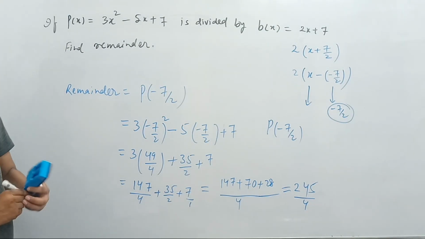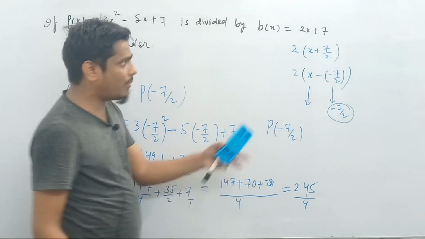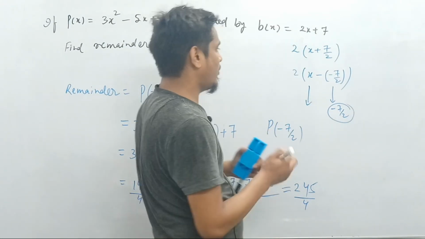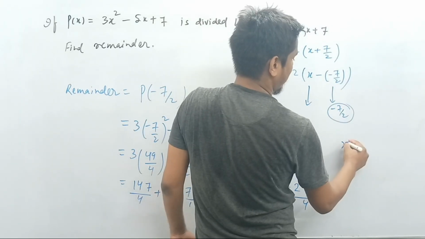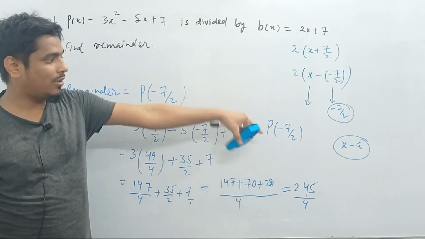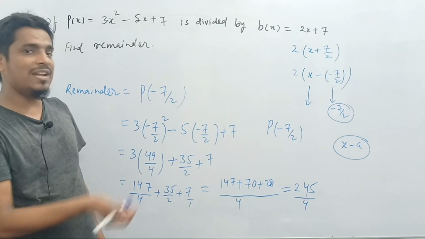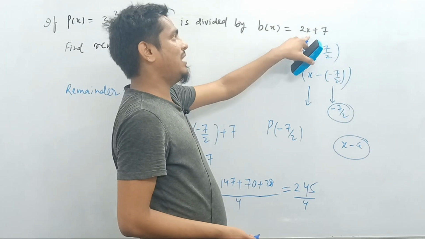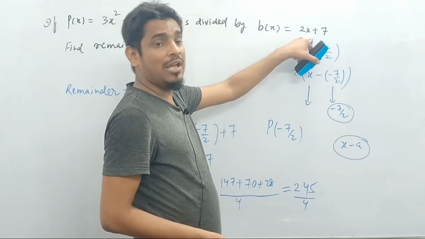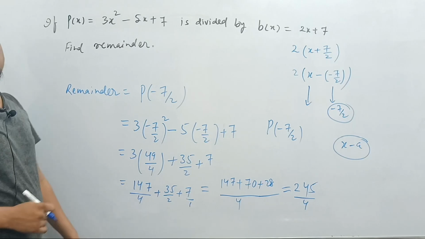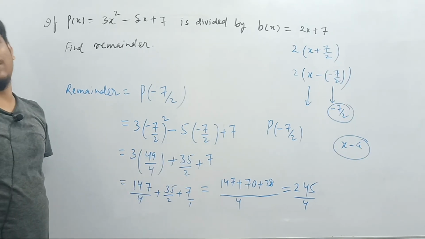So this is the way, whatever the form of the linear factor given, we can convert it into the form x minus a. If we are unable to convert it into that format, we can directly equate the linear factor to 0, find the value of x by solving it, and substitute that value of x in the polynomial. That is going to give us the remainder.